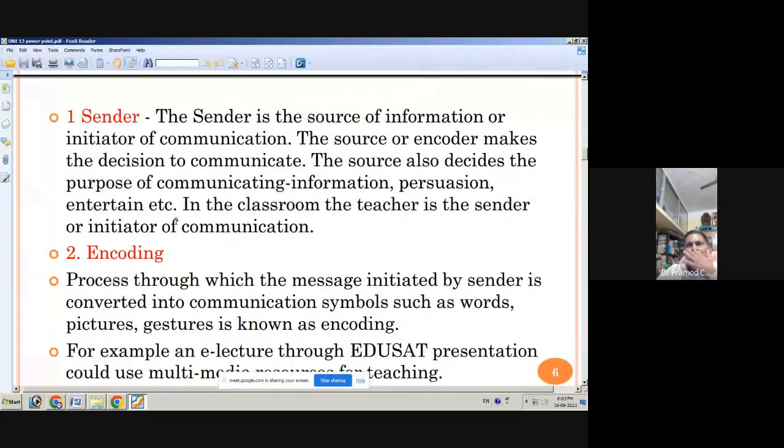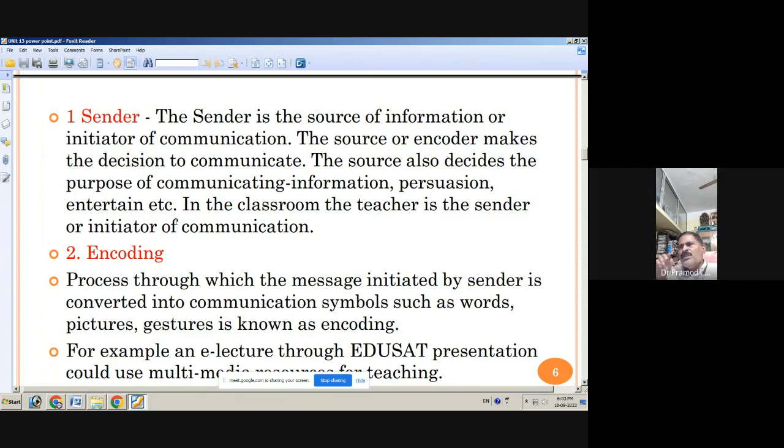Then let us come to know who is the sender. Sender is nothing but the source of information, and he is the initiator of the communication. The source makes the decision what is to be communicated.